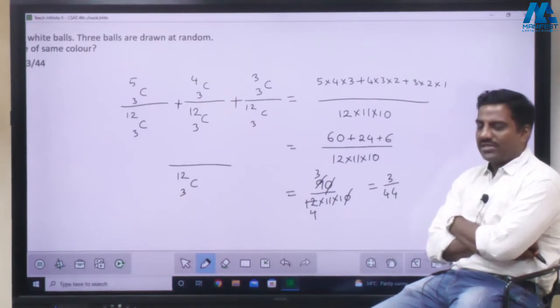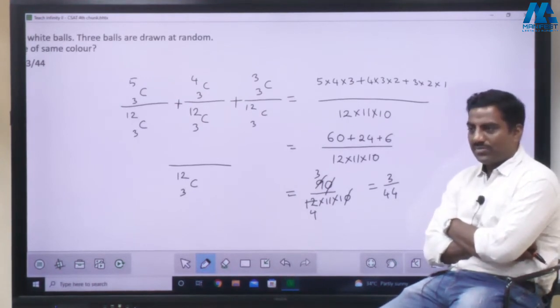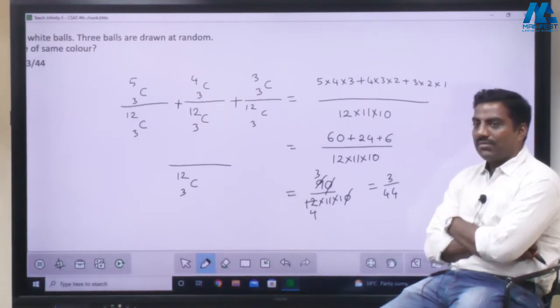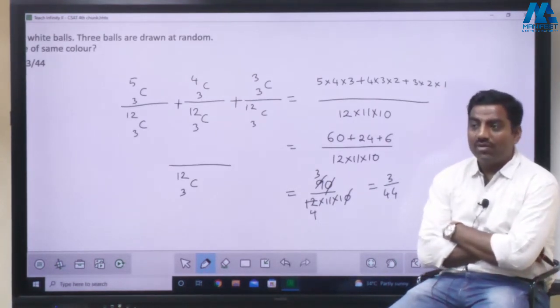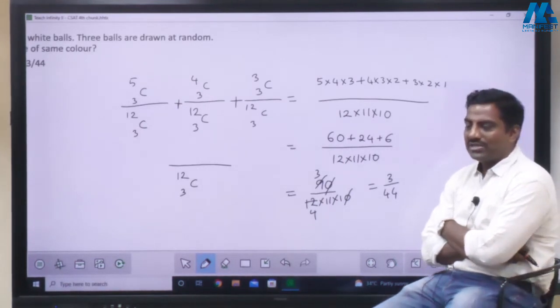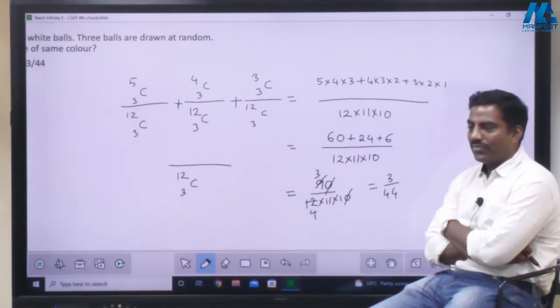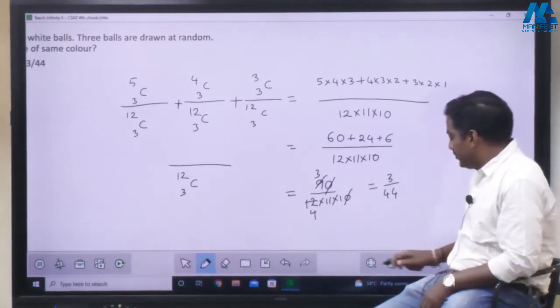I'll just tweak the question. In the last, in the second page, just write the question number. What is the question number of this? 11, no? Make the question number as 11A.